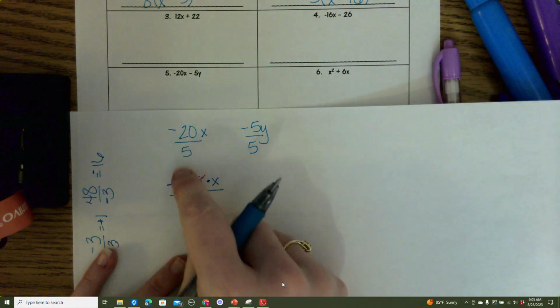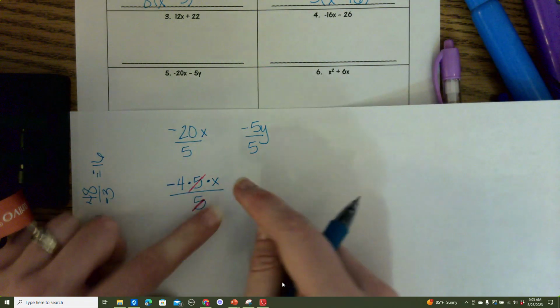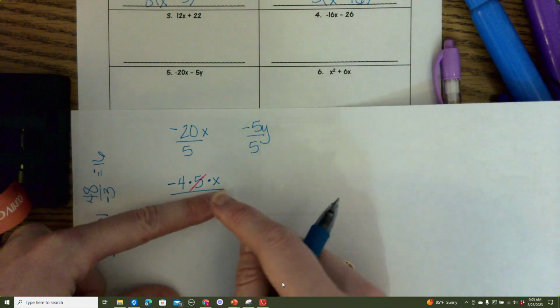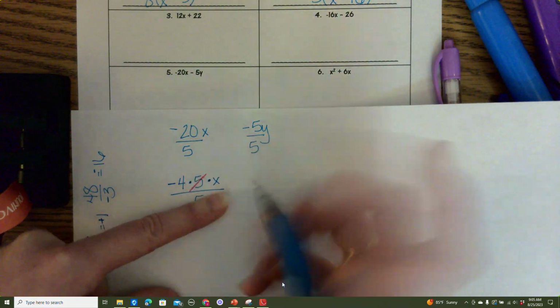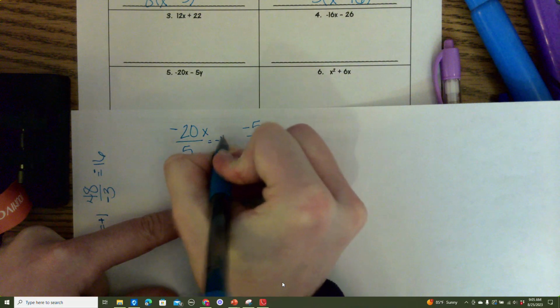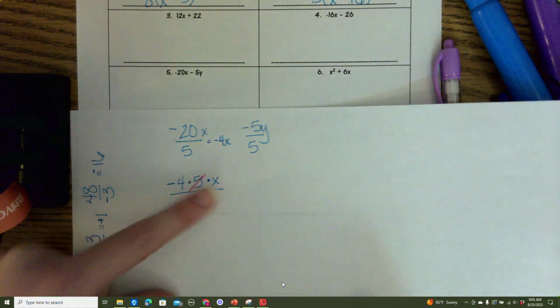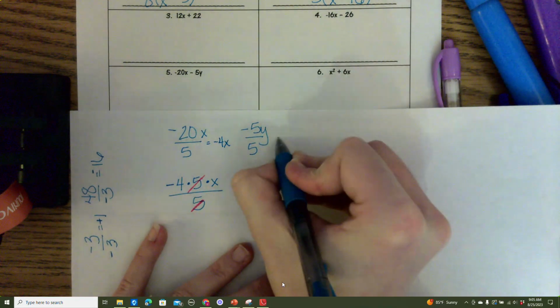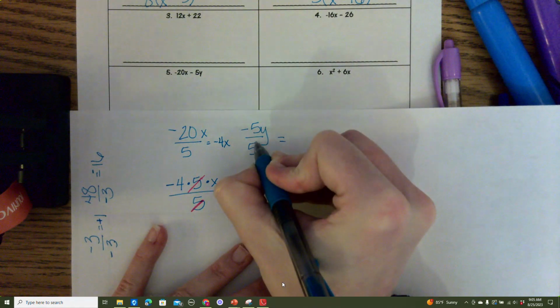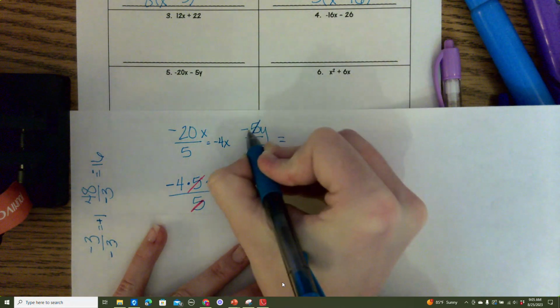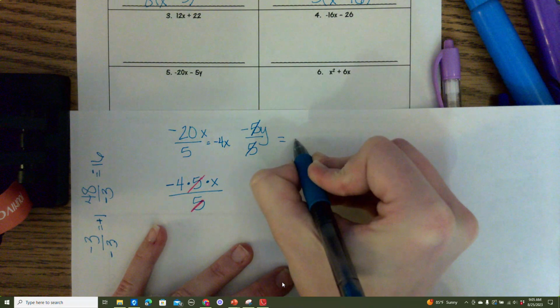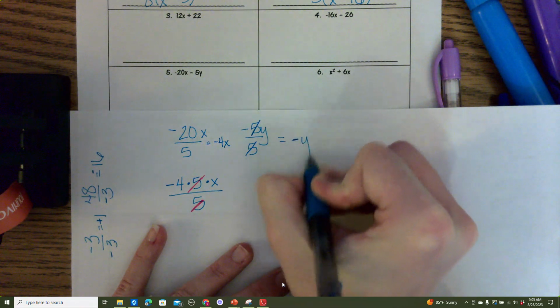And so negative 20x divided by 5, now I don't have a bottom, and all I've got left on top is negative 4x. So that's what's happening there. So same here, this 5 is going to cancel this 5. I still have the negative sign, so now I've got a negative y.